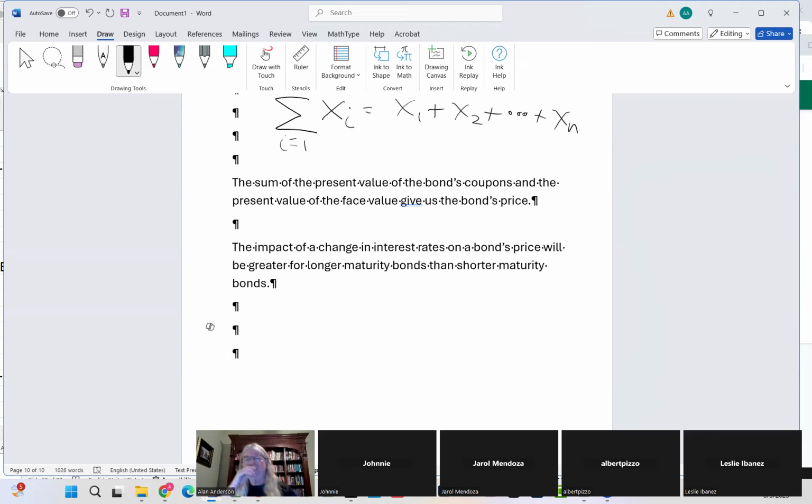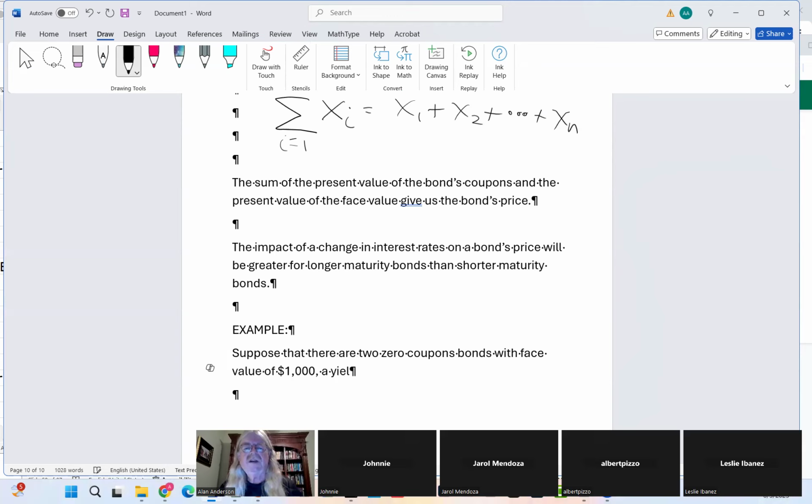Okay, so imagine you've got two zero coupon bonds. Suppose that there are two zero bonds. They sell at $1,000 face value on a yield of 5%.